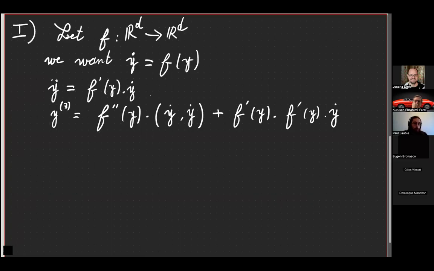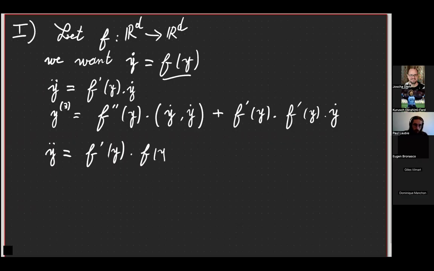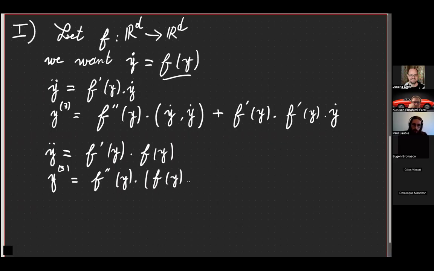If we want, we can continue this, but we already understand where the trees come from, because here I can replace y dots by this expression.